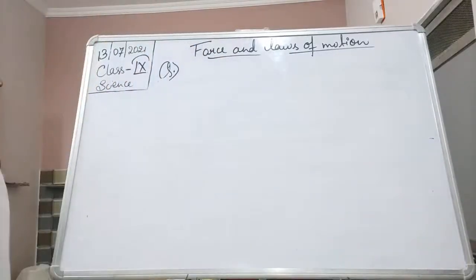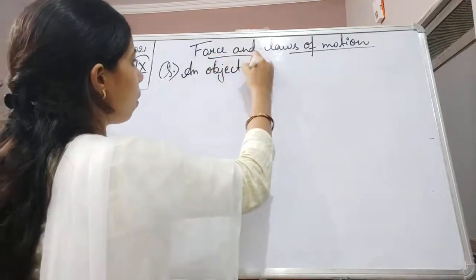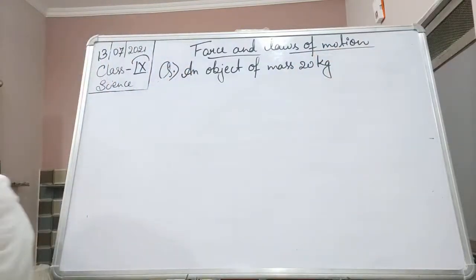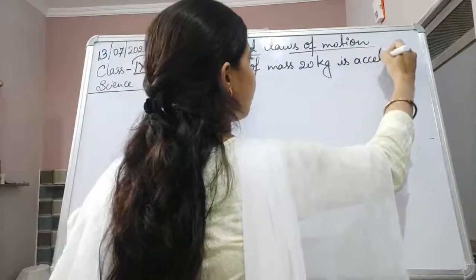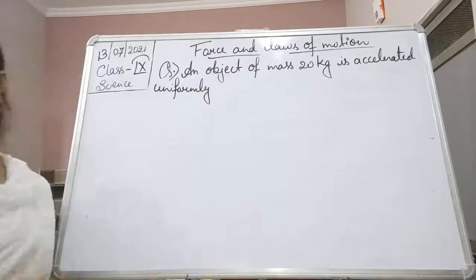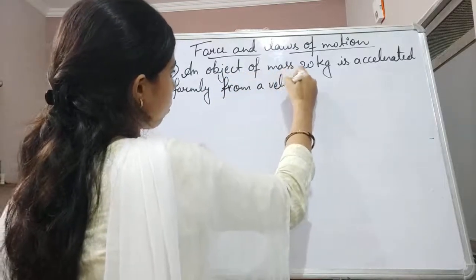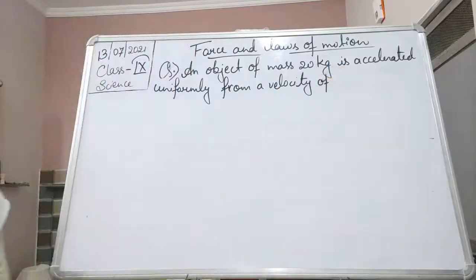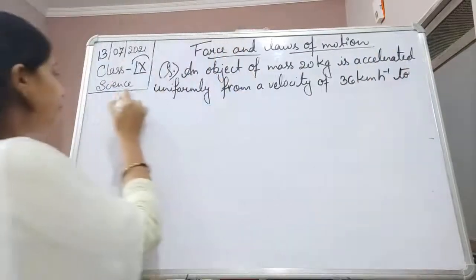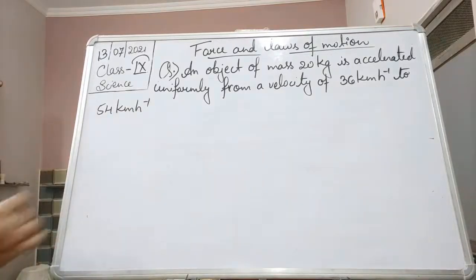So the question is, an object of mass 20 kg is accelerated uniformly from a velocity of 36 kilometer per hour to 54 kilometer per hour in 25 seconds.